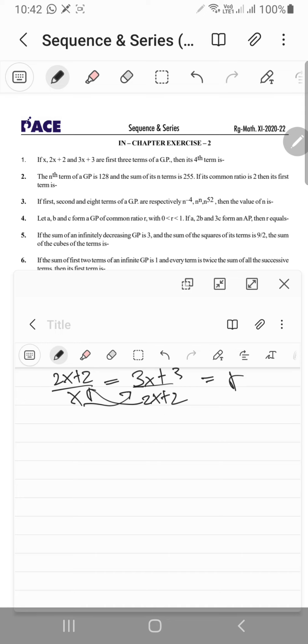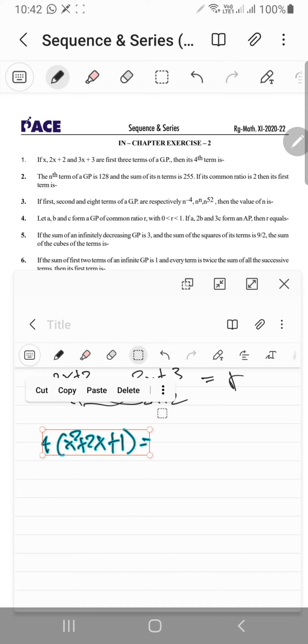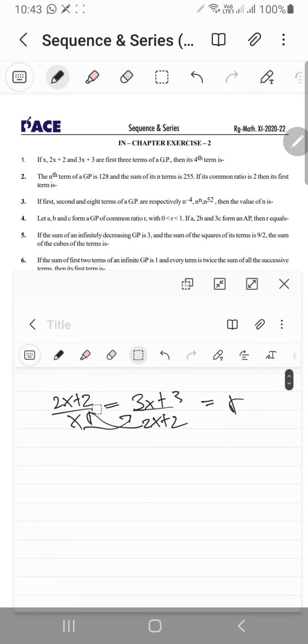And that will be (2x plus 2) squared, which is 4 into (x squared plus 2x plus 1) equal to, well, 3x plus 3 is just 3 into (x plus 1), right? So you already know what r is, because this thing, it's just 3 by 2. Cool.